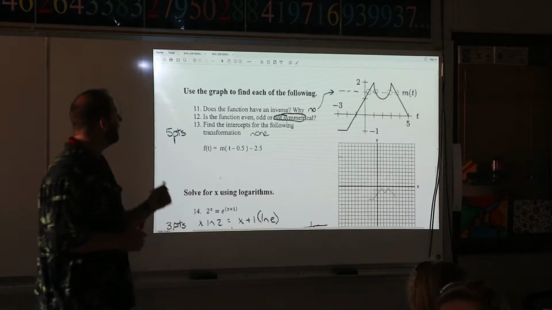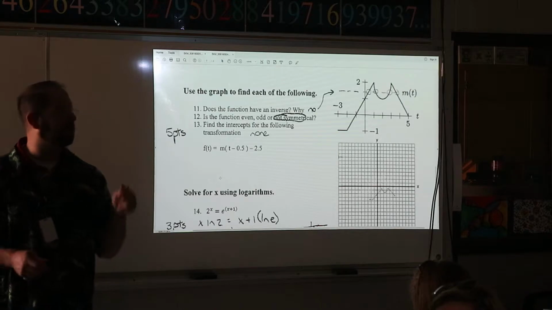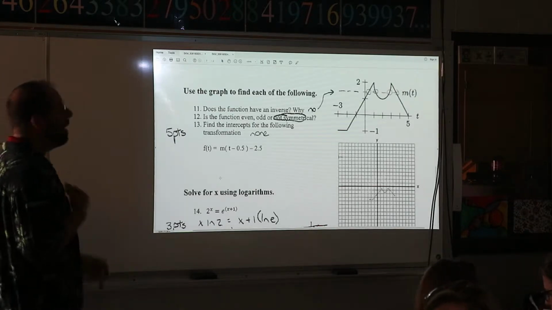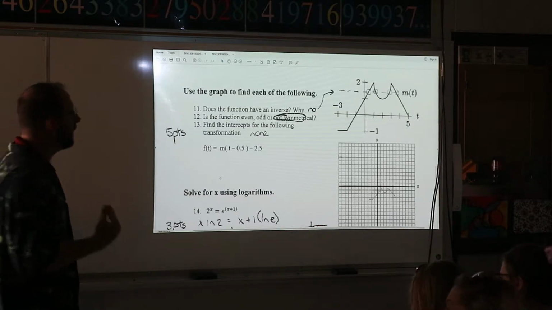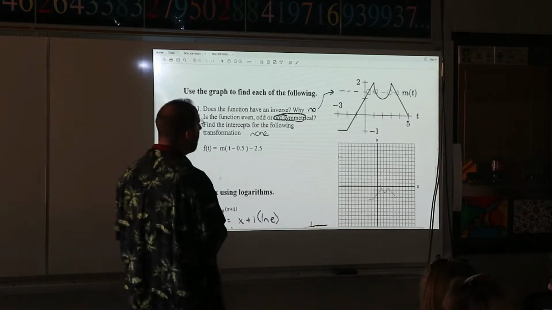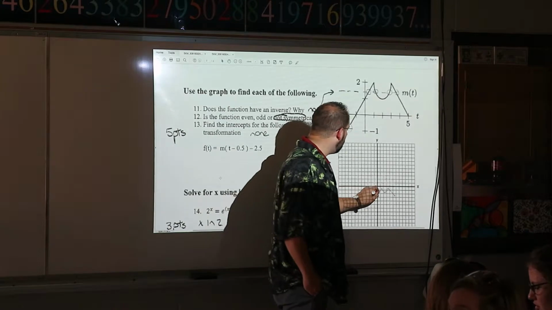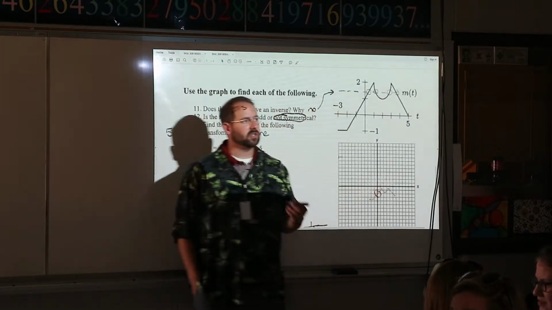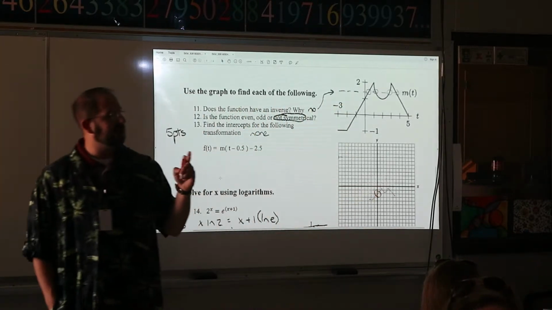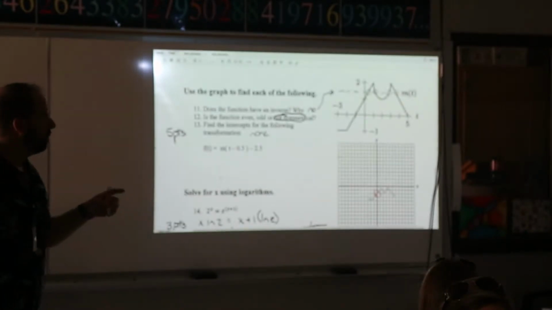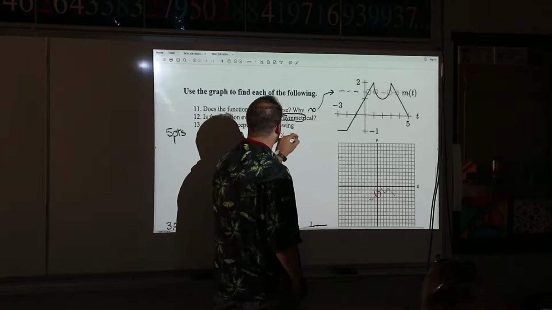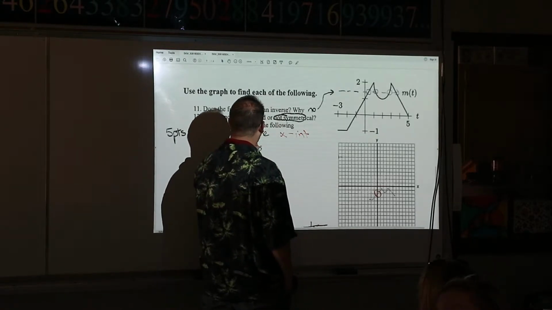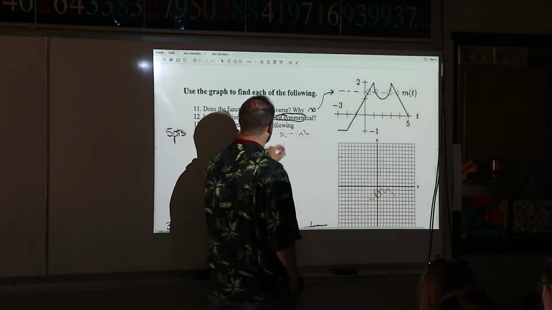And this doesn't have an x-intercept, but it does have a y-intercept. I left it off so you can see it. The y-intercept is -2. So there are no x-intercepts, I'm going to write that, but there is one y-intercept that is -2.